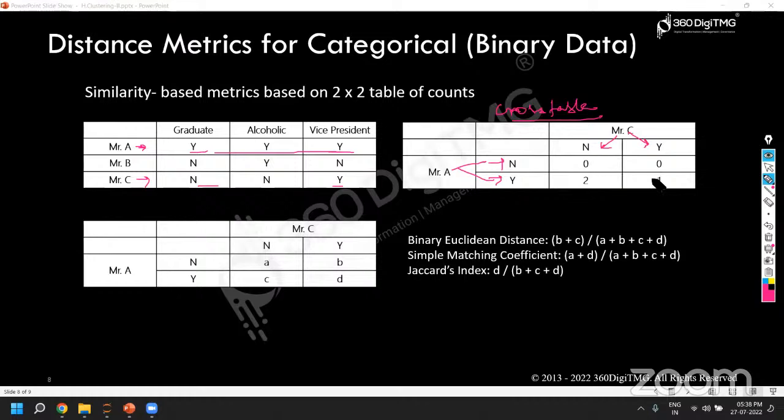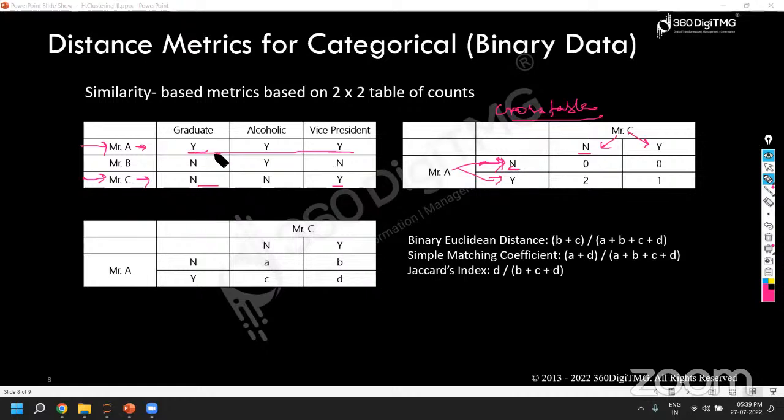Now I'm going to count the number of instances where A and C have similar values or dissimilar values. In how many instances do both A and C have the value n?